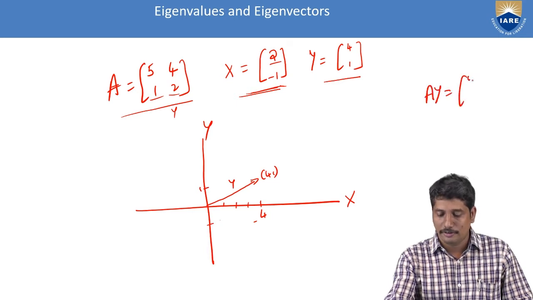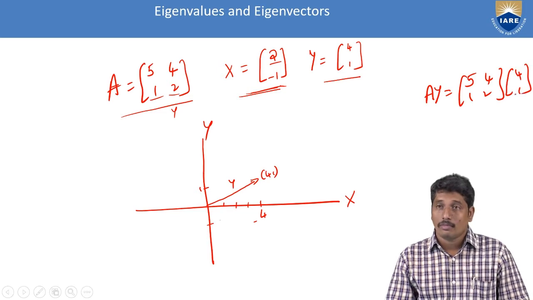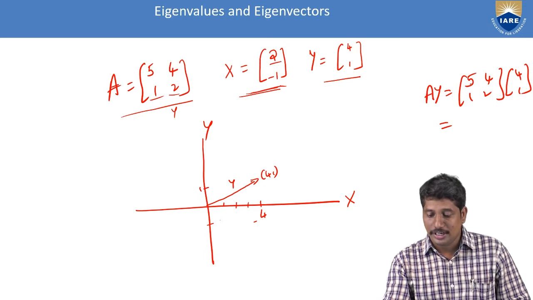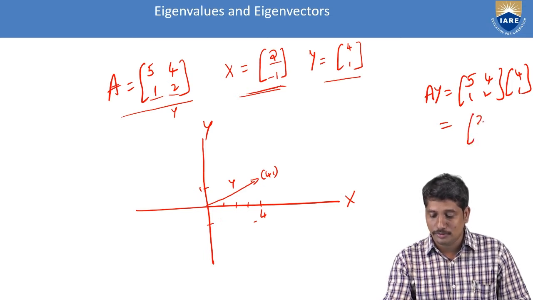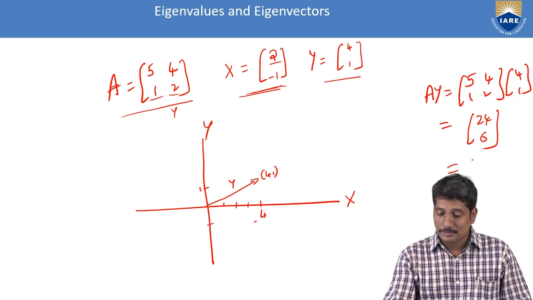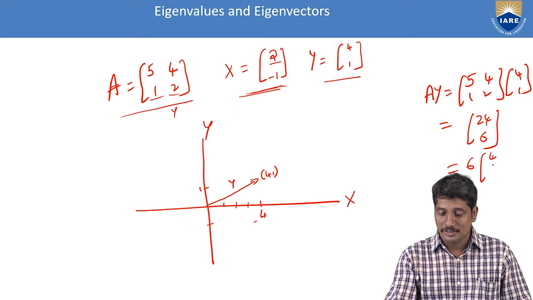Then we'll get 5, 4, 1, 2 times 4, 1. When we multiply these two matrices, this results into 5 into 4 plus 4 into 1, that is 24, and 1 into 4 plus 2 into 1, that is 6. That means the resultant is 24, 6, which is nothing but 6 times of 4, 1.